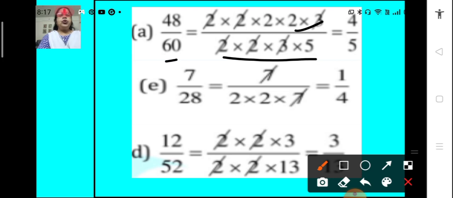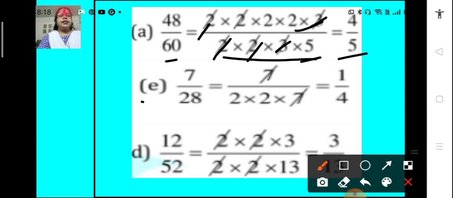Then we cancel the same numbers, like a pair of 2 and another pair of 2, and then 3. And whatever is left is the simplest form. So here 2 into 2, which is 4, is left, and 5 is left in the denominator. So 4 upon 5 is the simplest form of the fraction 48 upon 60.